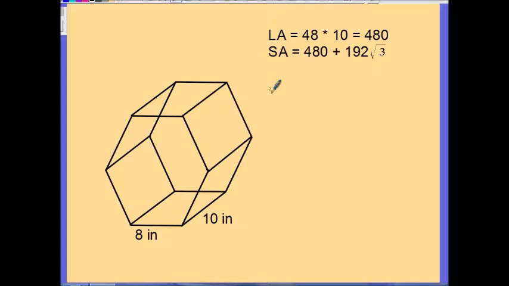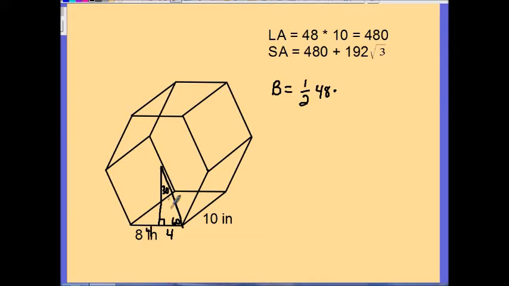Now, for our surface area, we need to find out the area of my base, which is a regular hexagon. The area of my base is going to be 1/2 the perimeter of the base, 48, times the apothem. So let's go ahead and draw that apothem in. It splits my base into 4 and 4. And let's draw in the radius of that hexagon, which gives me a 60-degree angle. We have a 30, 60, 90.